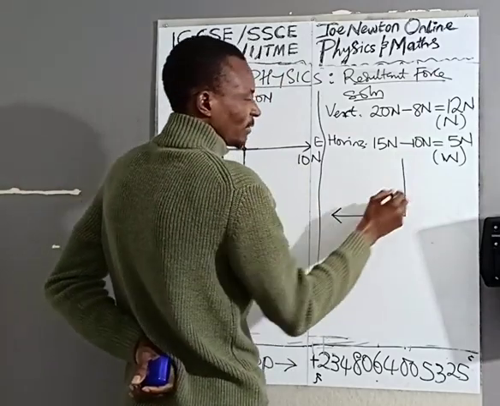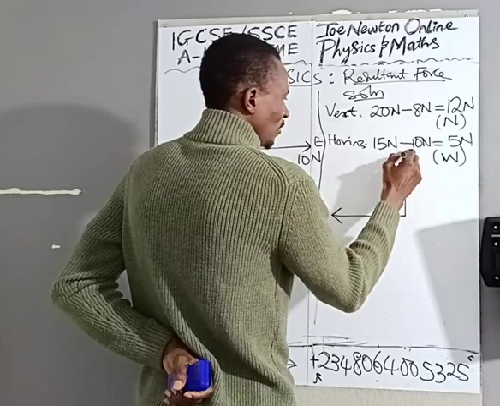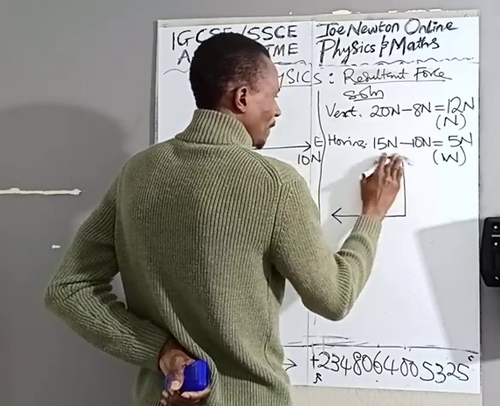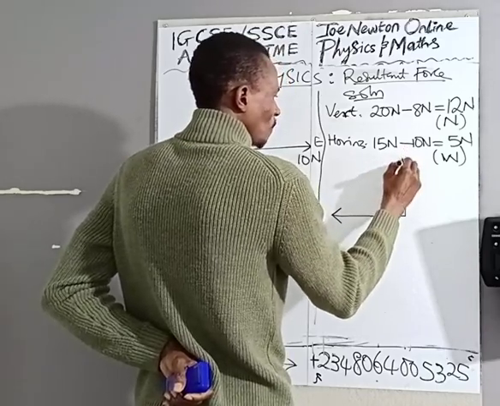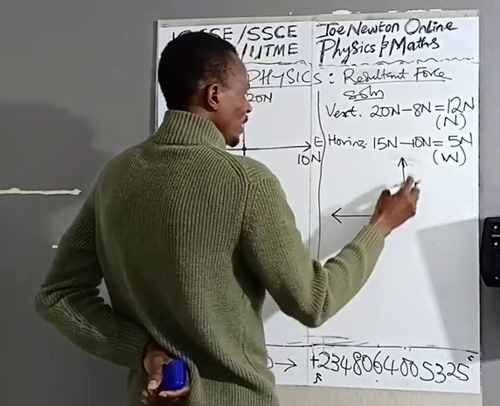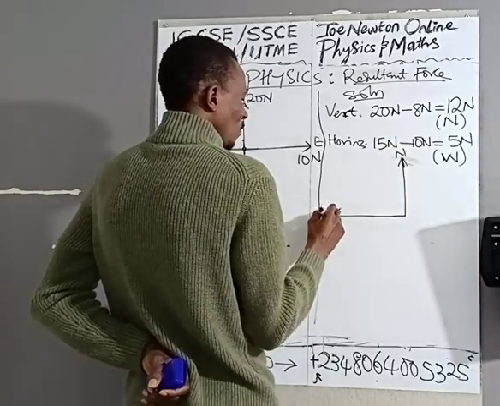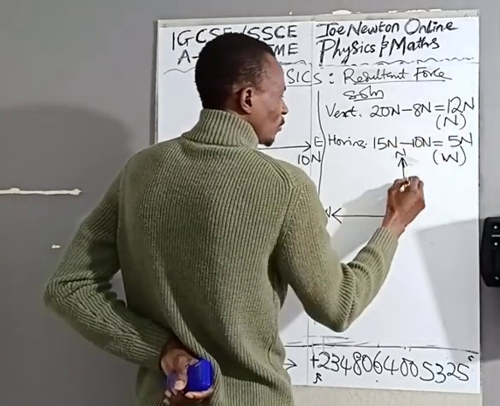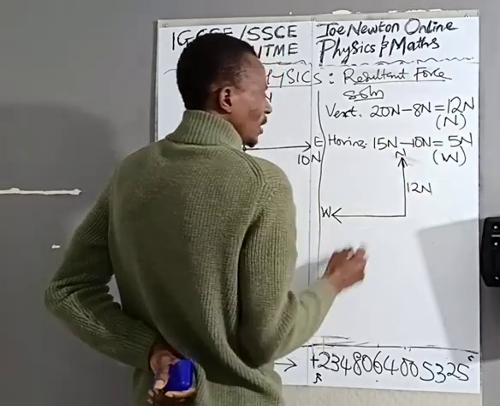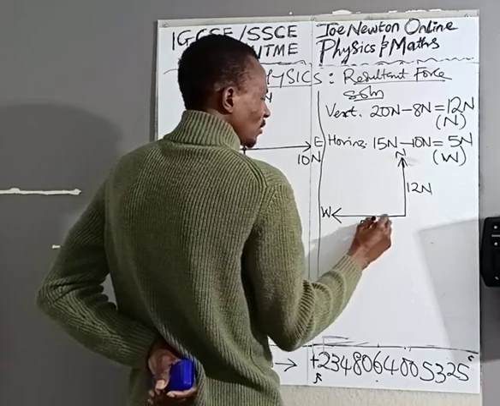This is what you're going to have. Here is the north, here is the west. So here we have 12 Newton, and here we have 5 Newton.